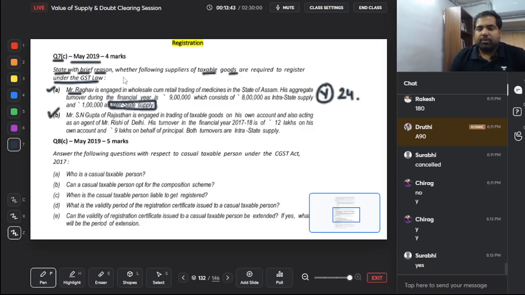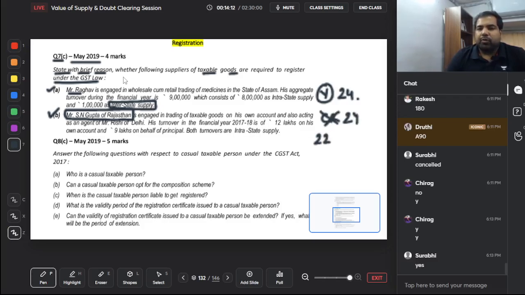Next, please read the next one and please answer. Guys, SN Gupta is an agent of Rishi, but we don't know whether Rishi is registered or not. So let's check SN Gupta independently. No compulsory registration. Let's check under section 22.